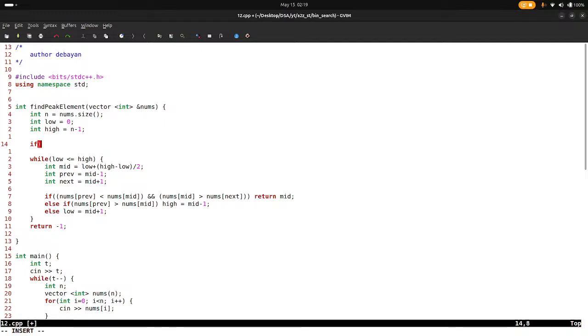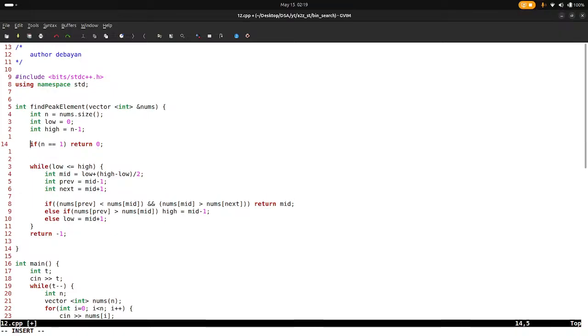If n equals 1, return 0, or maybe nums of 0. And if nums of 0 is greater than nums of 1, then I should return nums of 0. Okay, I have to return the index.